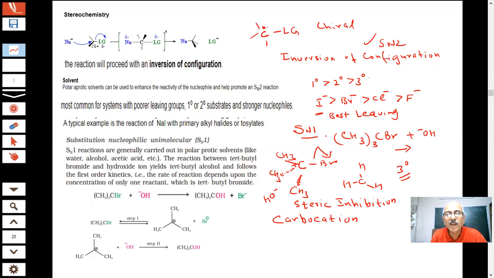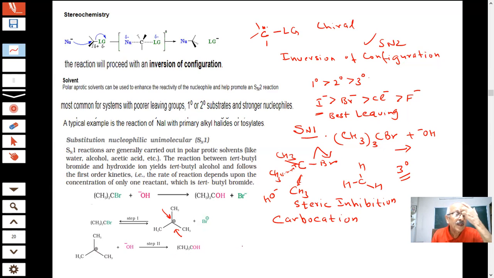And this is planar, so they can come from the top and from the bottom also. 50% can come from the top, 50% from the lower side. The second step is very fast, which is the nucleophilic attack on the carbocation.